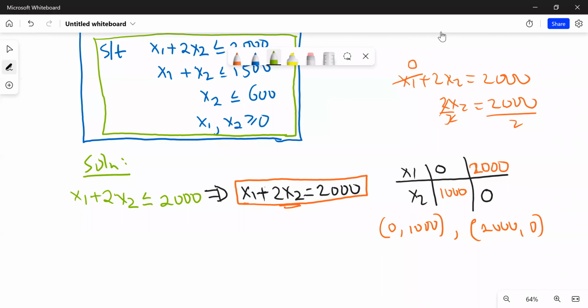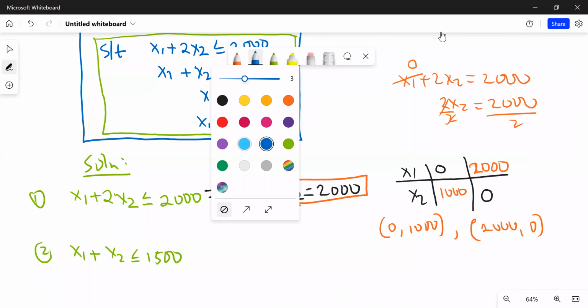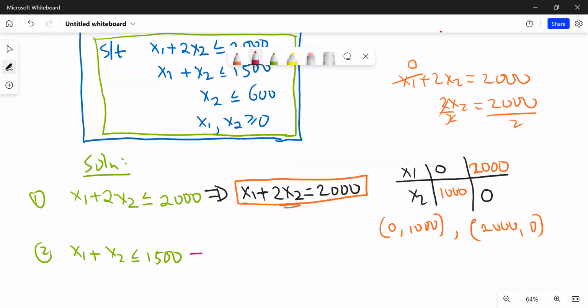We go to the second inequality, which is saying x1 plus x2 less or equal to 1500. When we relax the inequality, we end up with x1 plus x2 is equal to 1500.